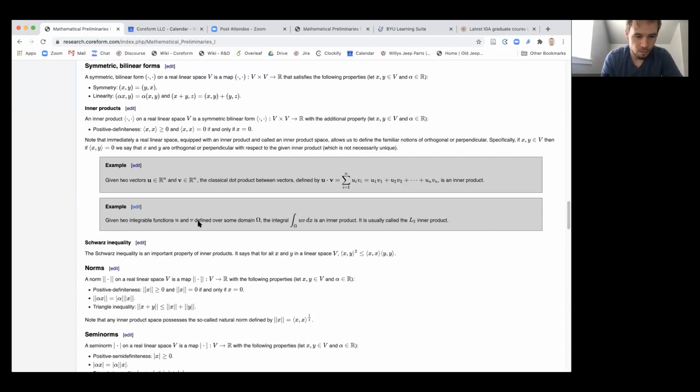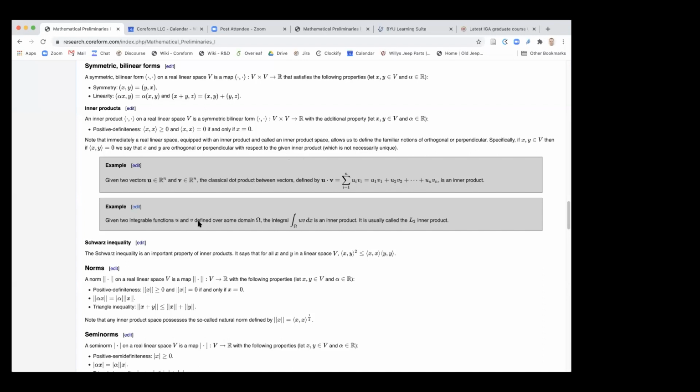So the other question I have is that you've defined that U and V are integrable functions over a certain domain, and you're taking the integral of U and V dx, but you never specified whether U and V were functions of x. Are we to assume whenever there's a function within an integral that it is differentiable by that variable? For example, if you take a derivative of a function that's not a function of x, it'll just reduce down to 1.